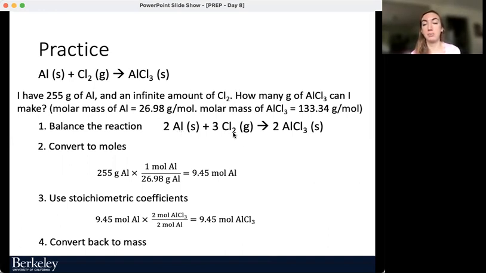This 2 means there's 2 atoms of chlorine per molecule of Cl2, but this 2 is a stoichiometric coefficient. So this 2 came in this ratio of stoichiometric coefficients here, not in the molar mass. The 2 that's in the molecule tells us what the molecule is made of. And the number that's in front of the molecule is the stoichiometric coefficient that tells us how many of those molecules we need.